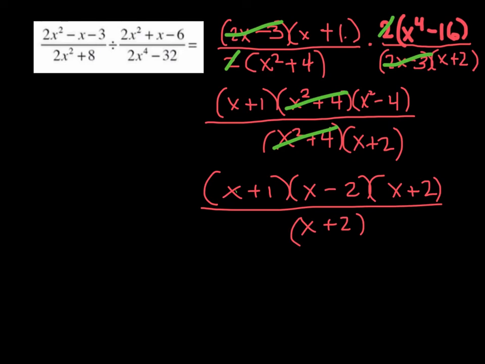So the factor of the x plus 2's will now cancel, leaving me my final answer of x plus 1, x minus 2. Can you believe that all of this yuckiness comes down to a simple 2 linear factors? I call these linear because they have a degree 1. This is a linear factor. This right here is called a quadratic factor.